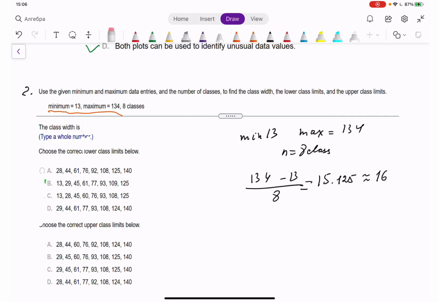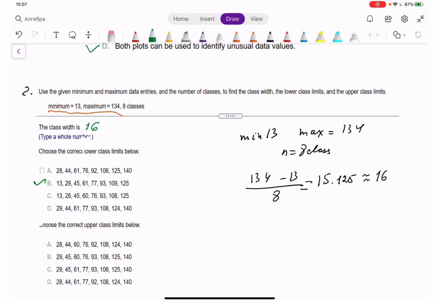So for the second option, 29 minus 13 is 16, 45 minus 29 is 16, 61 minus 45 is 16. Well, looks like it's going to be this one. If you check, 13 and 28 is 15, and 28 and 45 is not 15, so it's going to be this one, and the class width is obviously 16.